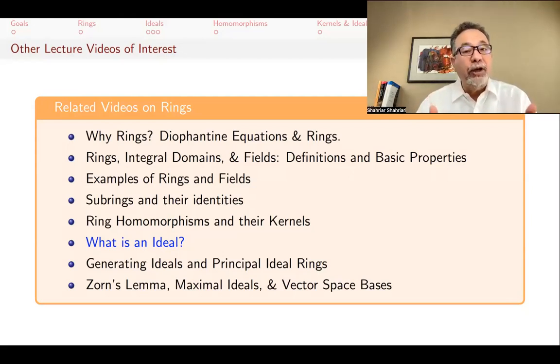Another one is on ring homomorphisms and their kernels, in which I do define ideals. This one told you about ideals. The next one will tell you about principal ideal rings and, more generally, about generating ideals, especially in commutative rings with identity. And there's another video on Zorn's lemma and maximal ideals, and again other ones on quotient rings and homomorphisms and so forth.